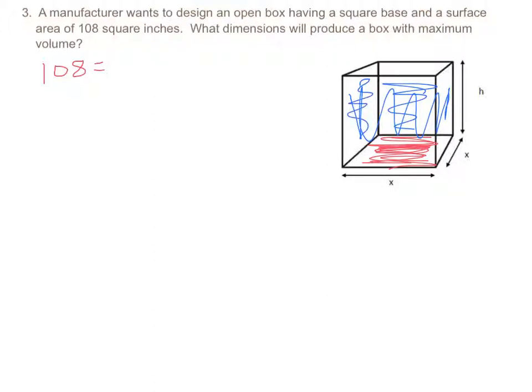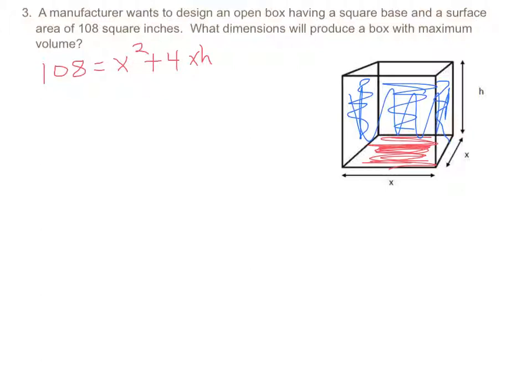So that's the one closest to us and then the other 3. So the area of the base is going to be x squared, because that's length times width, and they're the same size. And then the 4 areas of the sides, and each one of those is going to be x times h.